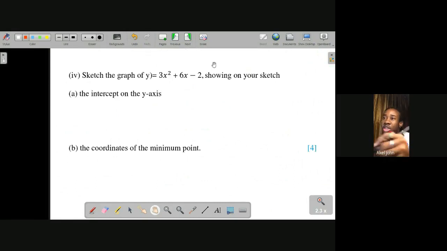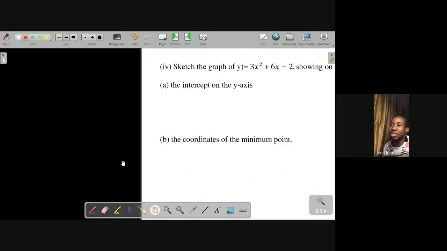So we're on the final stretch. They say sketch the graph of y is equal to 3x squared plus 6x minus 2. Show on the sketch the intercept on the y-axis and the coordinates of the minimum point. Okay, so I'm going to make a graph here.